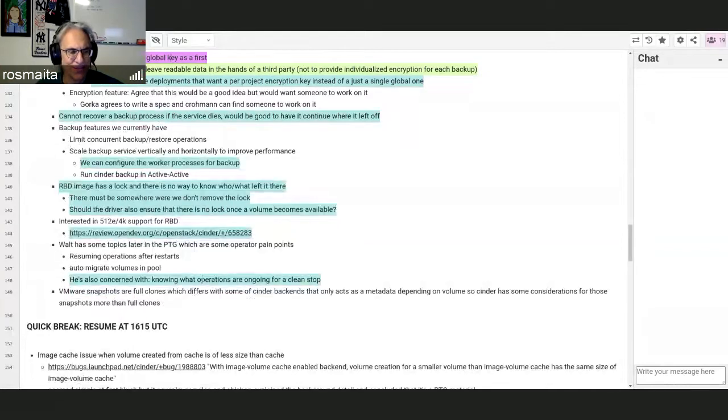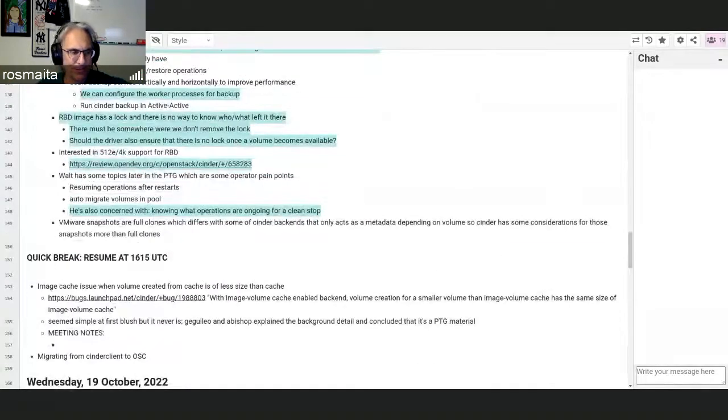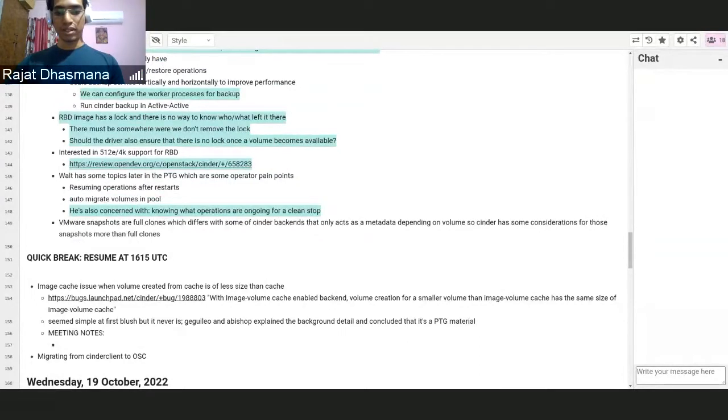What the status of Cinder is? So he said the goals for Antelope are already done in Nova, Neutron, Glance, Keystone, but not in Cinder. And I still have to go through the device role. I'm not sure about it.